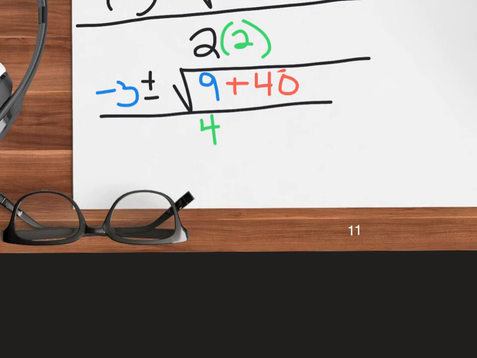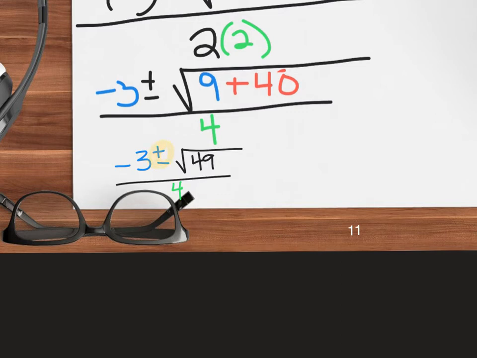So then we end up with negative 3 plus or minus the square root of 9 plus 40 is 49, all divided by 4. We're going to keep going. Now we're going to end up with 2 answers because of this plus or minus right here.